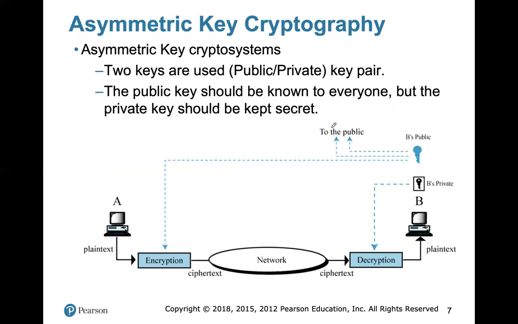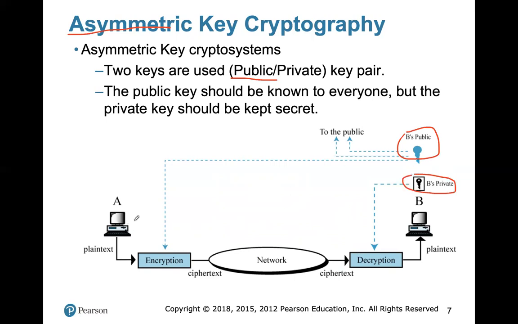But in contrast, we have another type of encryption algorithms, which are called asymmetric key cryptography, or sometimes public key encryption. In this type of encryption, we have two keys. You see, here is the first key, and here is the second key.